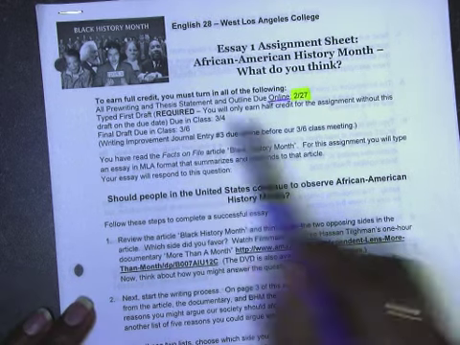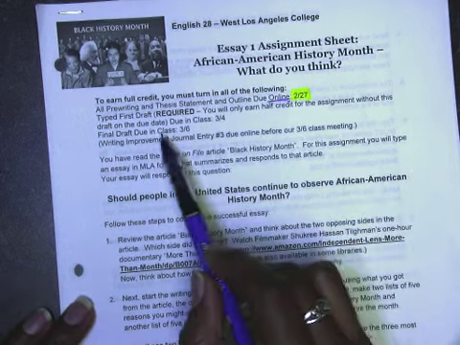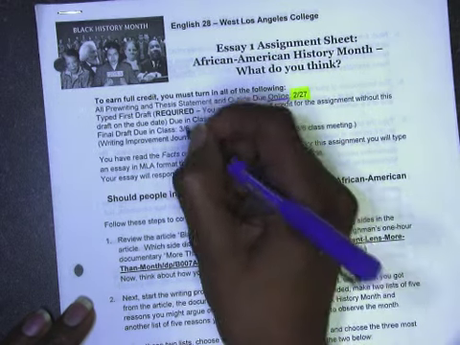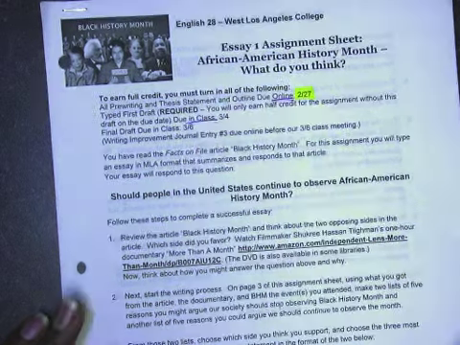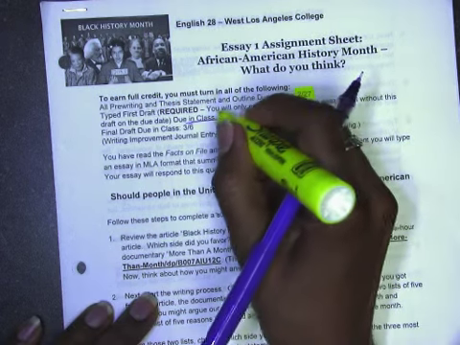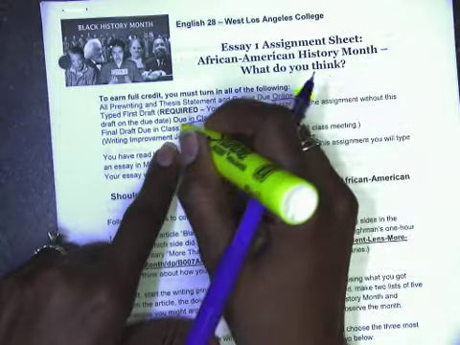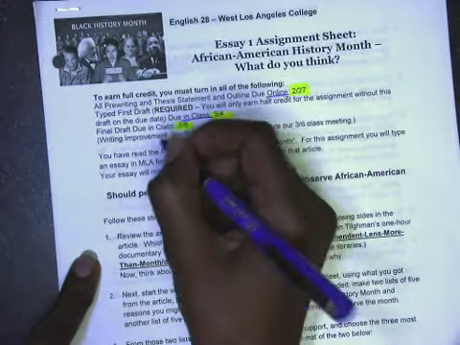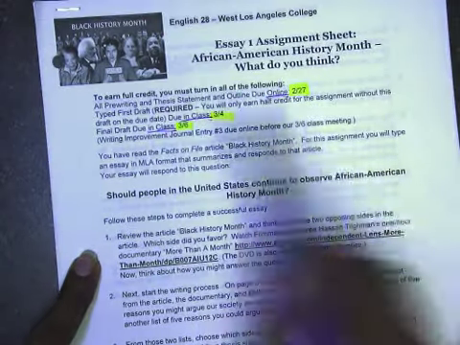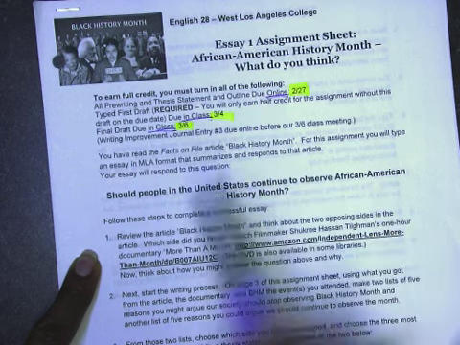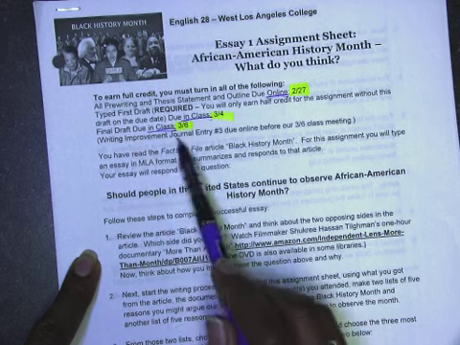Then the typed first draft, which is required, I'll only earn half credit for the assignment without this draft on the due date, is due in class on March 4th. Then the final draft is due in class on March 6th. So the only thing that's due online is the pre-writing, thesis statement, and outline.